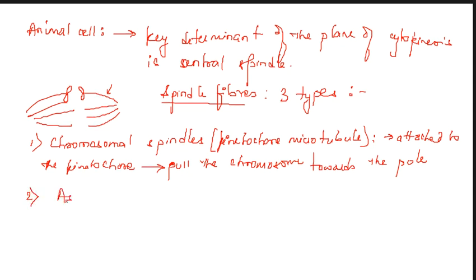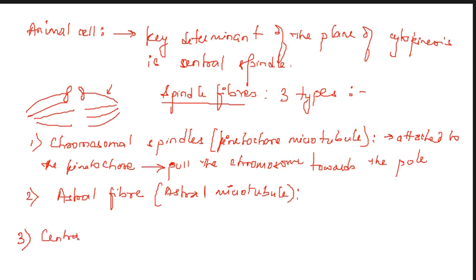Next is astral fiber. These are said to be astral microtubule. First is kinetochore microtubule, second is astral microtubule, and what is third? The third is central spindle.